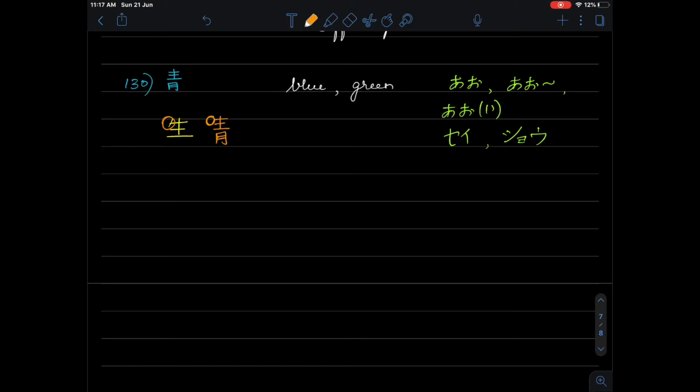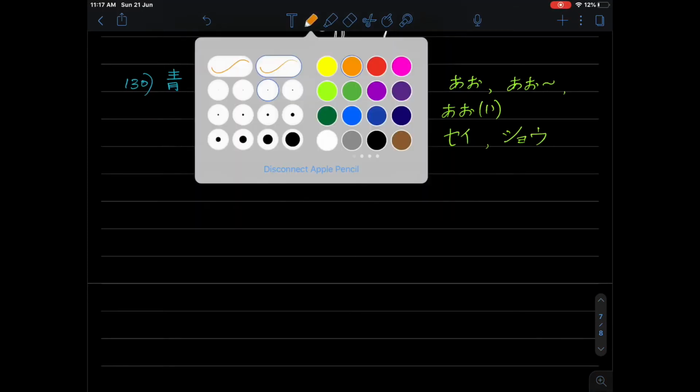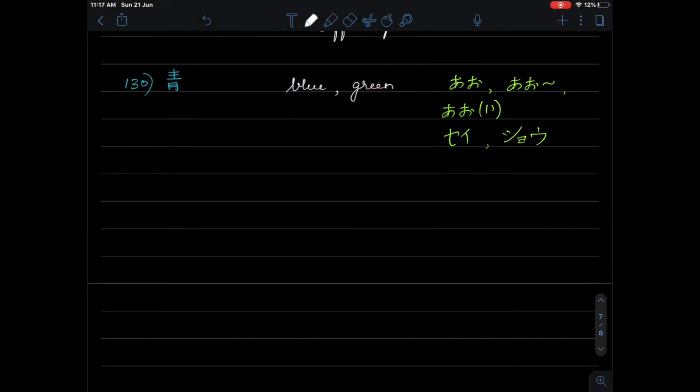Like it is the same part of the kanji that shows up there, which is why the same reading sei and sho have been taken over. Okay, we will come to see how to remember that or what kind of associations to make when we see it as a component of several other kanjis. For now, just try and remember that this means blue or green.